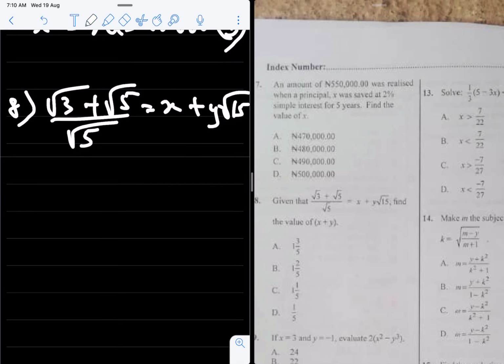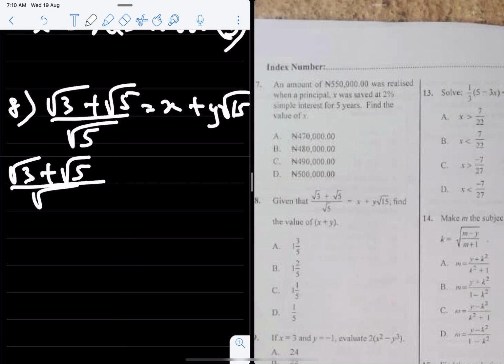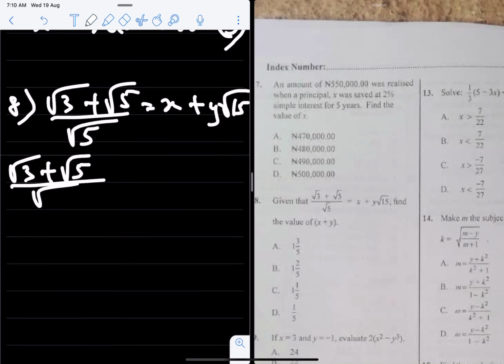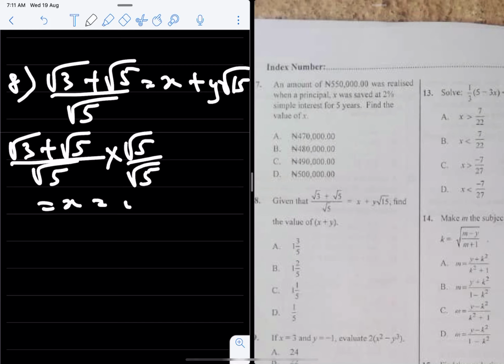So this means root 3 plus root 5 over root 5 times root 5 over root 5. This is just rationalizing the denominator, equals x plus y root 15.